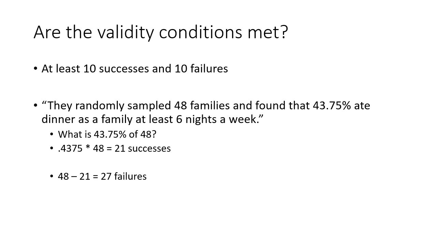We can find the number of failures by subtracting the sample size, 48, minus the number of successes, 21. So we get that there were 27 failures, or people who said they didn't eat dinner as a family. Both the number of successes and the number of failures are at least 10. So a one proportion z-test is appropriate.